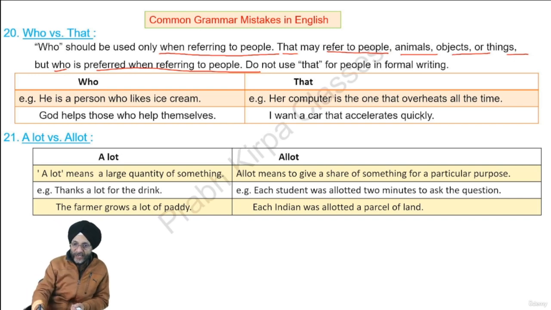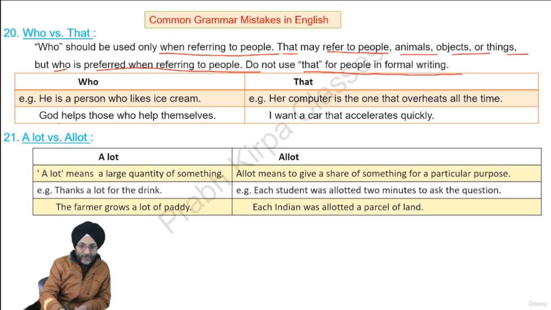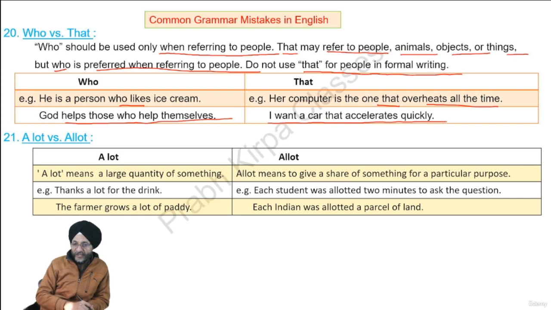Do not use that for people in formal writing. Formal means business communication or for writing purposes. He is a person who likes ice cream. God helps those who help themselves. That is used for things, animals, objects. Her computer is the one that overheats all the time. I want a car that accelerates quickly.